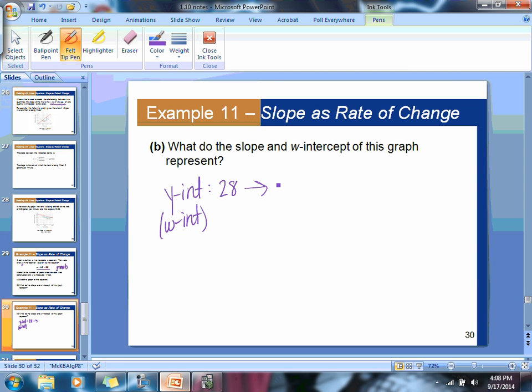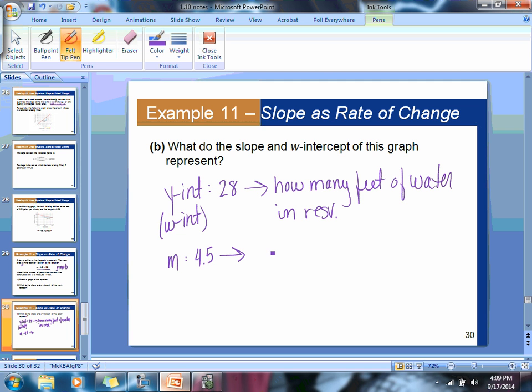And that is how much water, or how many feet of water are already in the reservoir. I'm going to abbreviate that. So that's your starting level. You have 28 feet of water in the reservoir. Okay. And then your slope was 4.5.